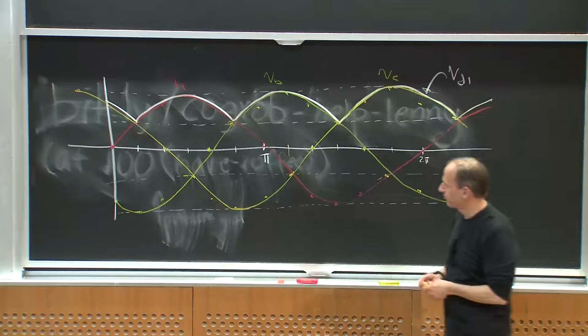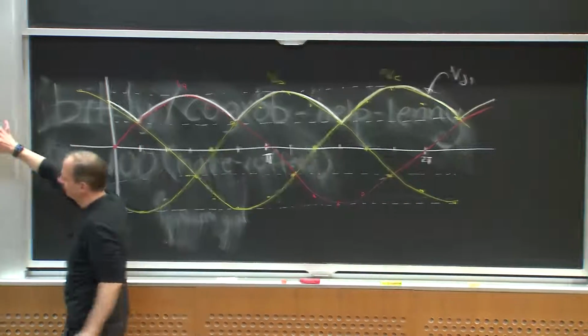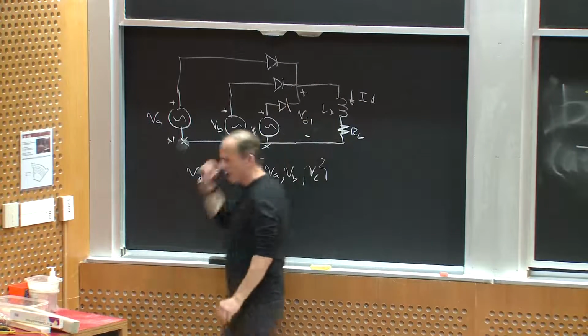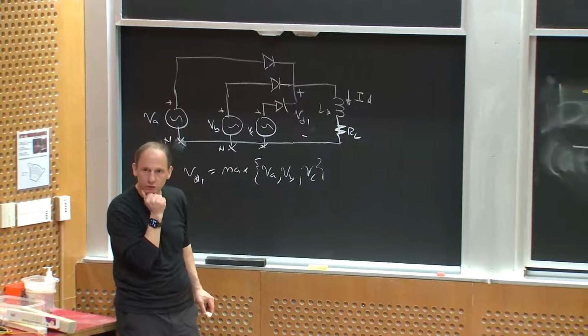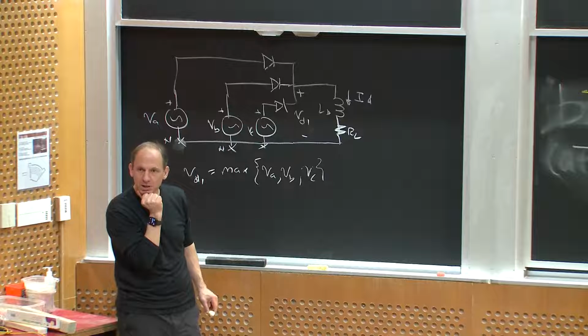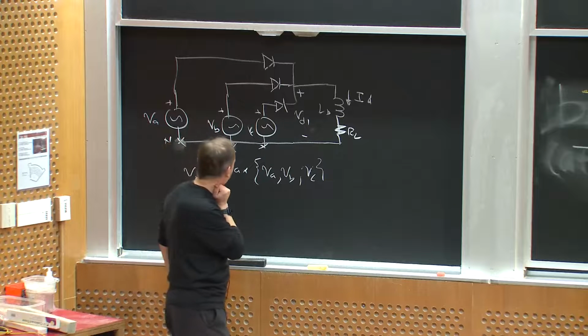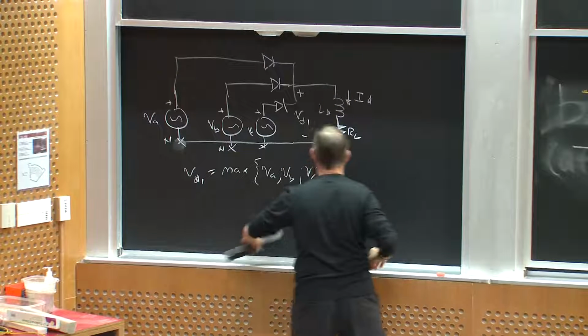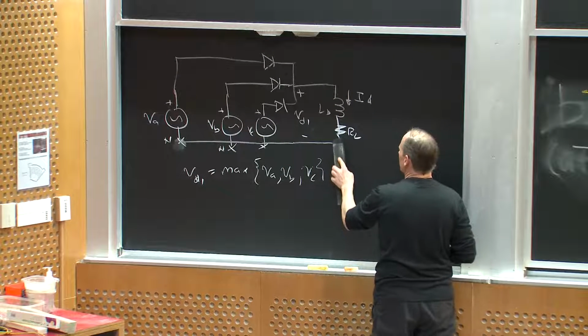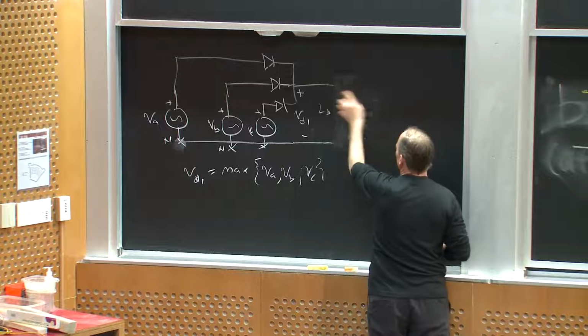Now this equivalent to a half-wave rectifier is maybe one step of what you could do, all right? But what would happen if I then said, well, let me not connect it this way, but let me connect it differentially.